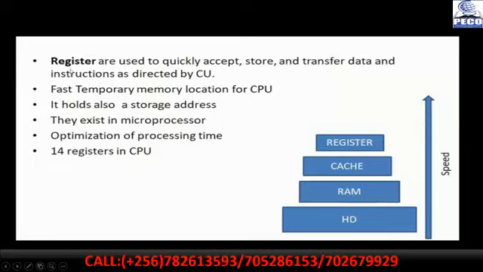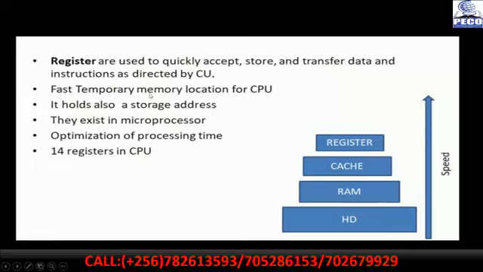Registers are used to quickly accept, store, and transfer data and instructions as directed by the CPU, or the control unit.